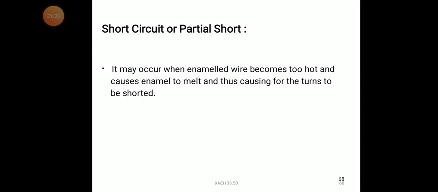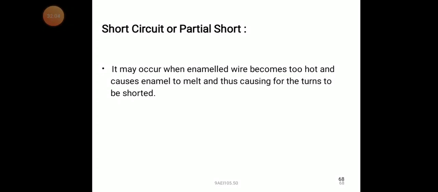So what is the meaning of short circuit? The short circuit or partial short circuit may occur when the enameled wire becomes too hot and it causes the enamel to melt, thus causing the turns to be shorted.